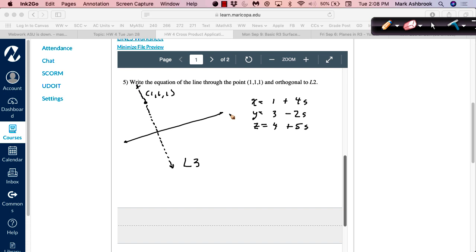And so what do we know about our given line? There's some point on there, right? What point do we know for sure? That's the easiest one, right? Can you find other points easily? What would you do to find other points on this line? How does this generate points?